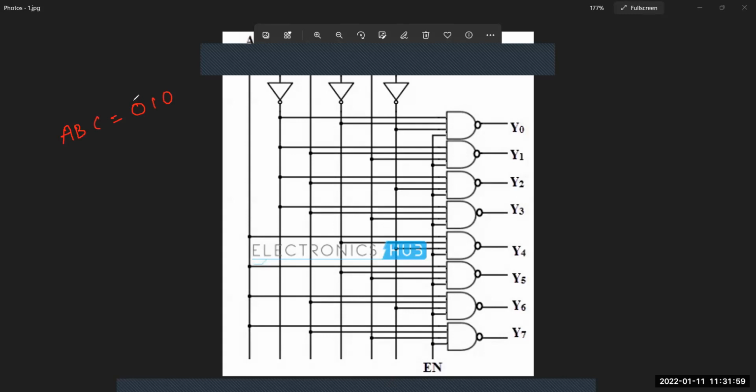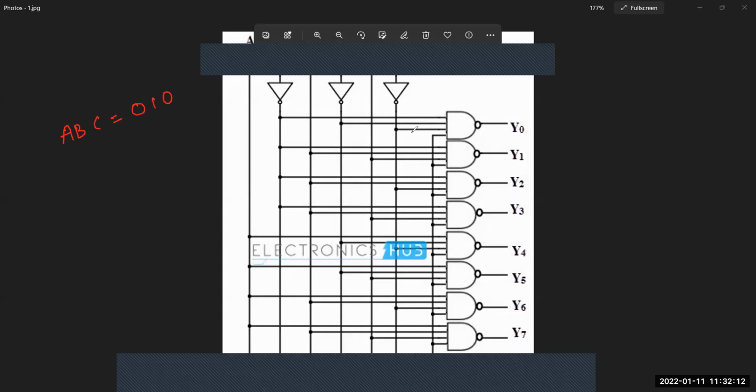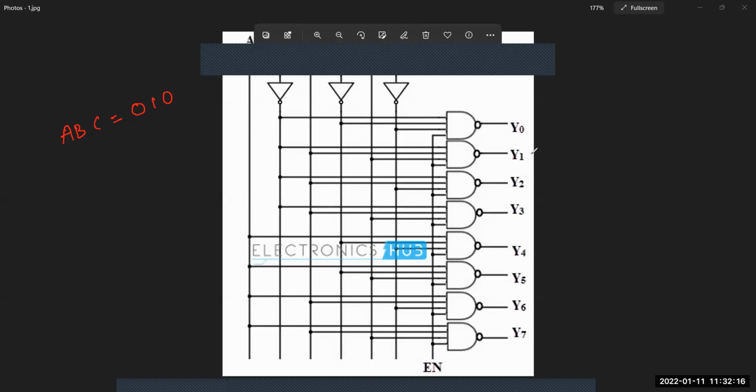Then only AND gate 2 has high at all its inputs, and therefore y2 equals high.